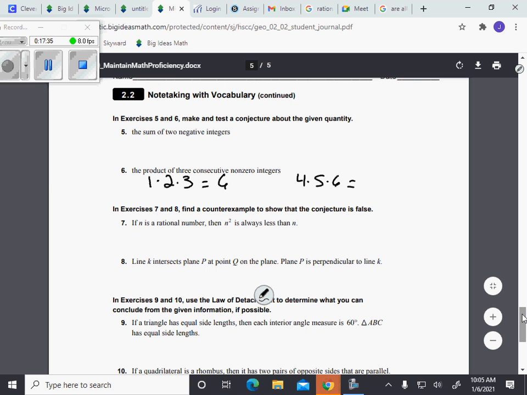That equals 120. So the product of three consecutive non-zero integers is always what? Even. Based off my couple examples here, the product of three consecutive non-zero integers will always be even.